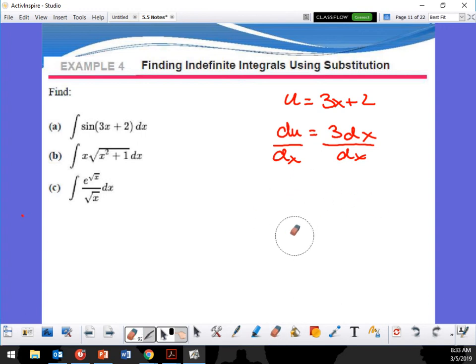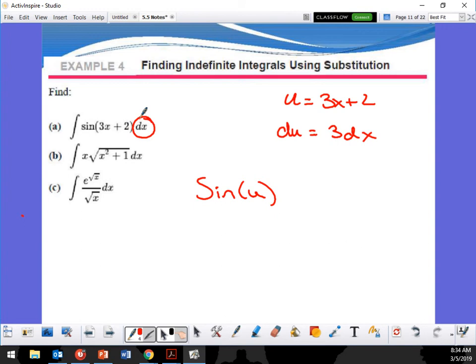All the time where I kept telling you, you got to label your stuff, that's why we're labeling it. Okay. So now I'm going to substitute u. I'm going to take this out, so it's now going to be the sine of u. But now I also have to replace the dx.